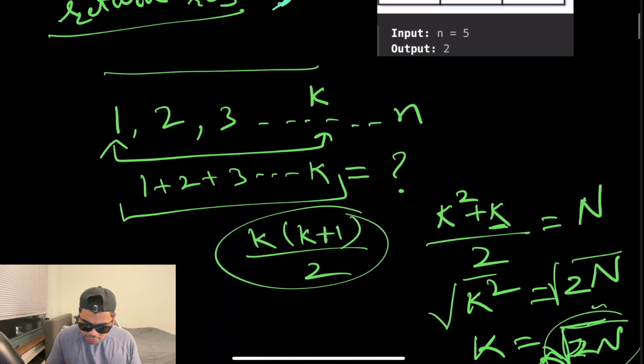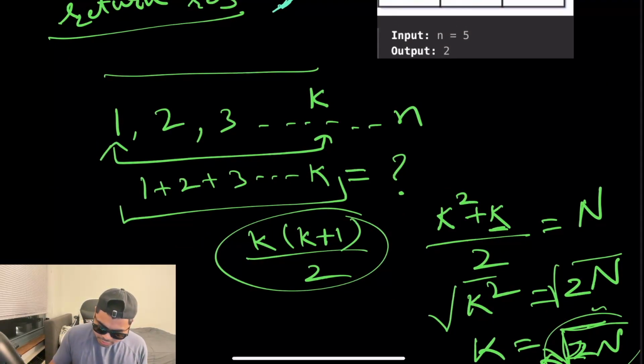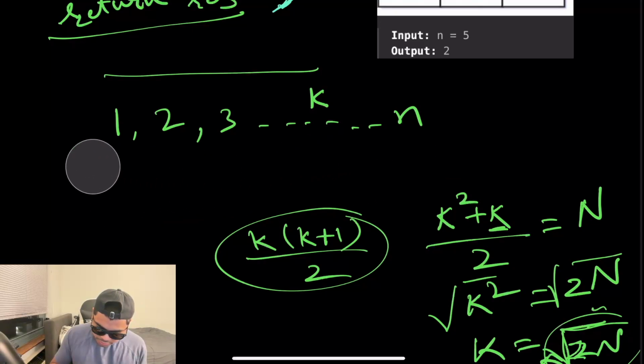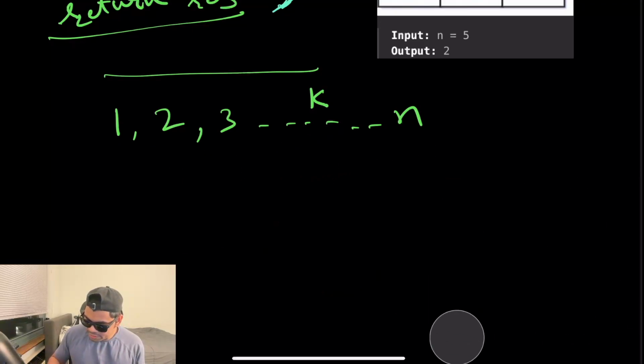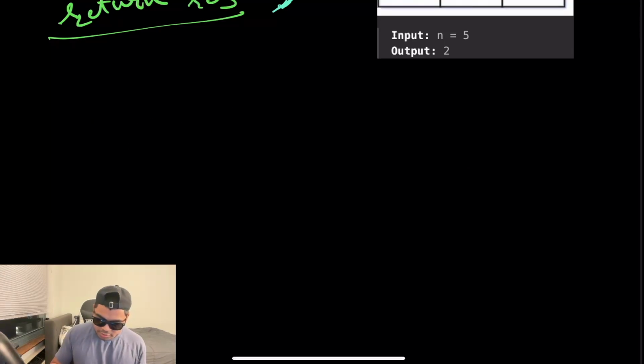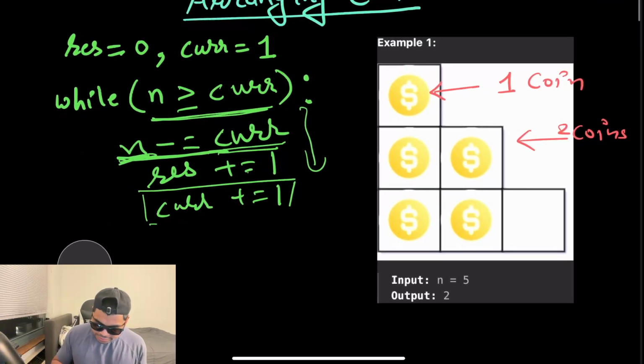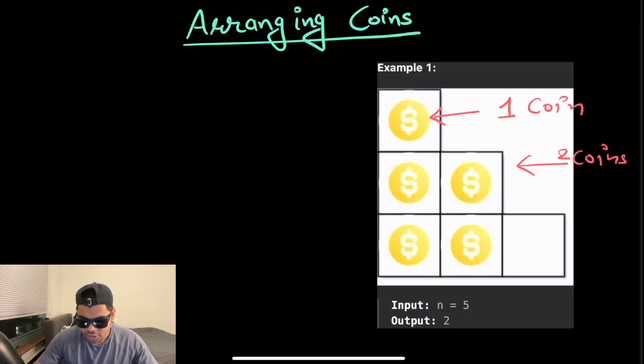So this is what we were using, by the way. This is what we were doing in our algorithm, having this while loop and trying to find out which k. All right, so let's move to our optimized solution, which would be binary search, in order to find the same k.